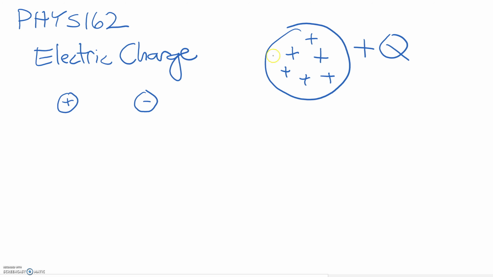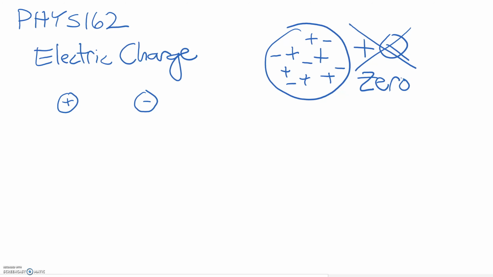If, however, for every positive charge you also have a negative charge in there, then when you add all those charges together, we say that it doesn't have a net charge of plus Q, it has a net charge of 0. So positive and negative charges cancel each other out.